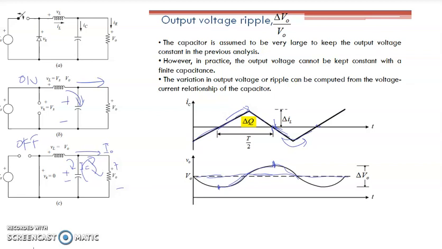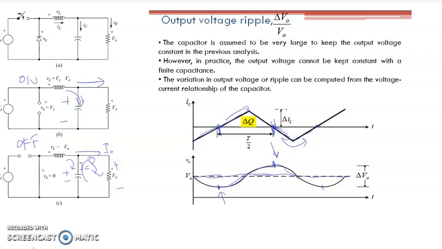Maximum voltage at the output, and minimum voltage at the output. While the capacitor is absorbing, you will see that your output is at minimum. When it starts to deliver, it ramps up, and it ends at the crossing point of deliver and absorb.